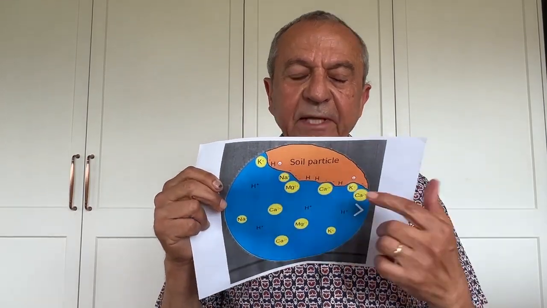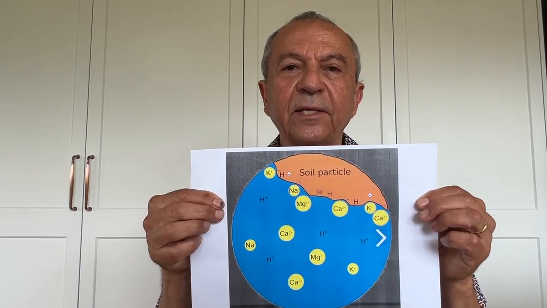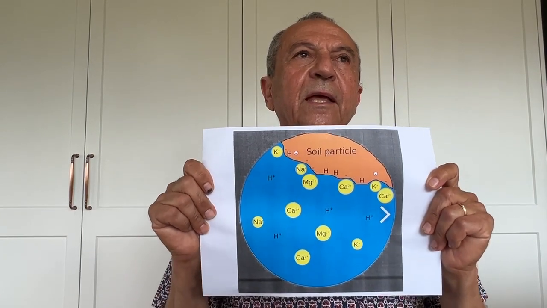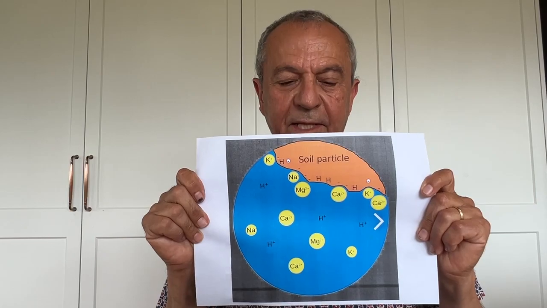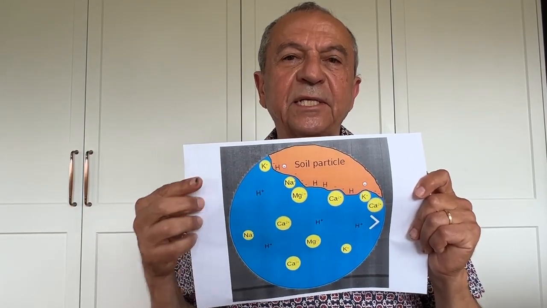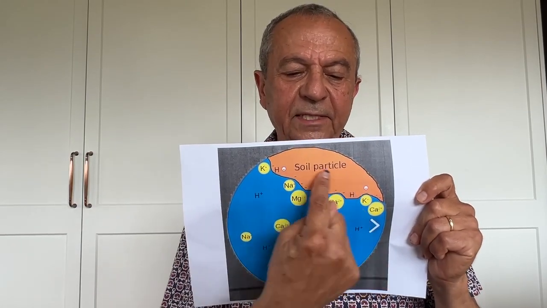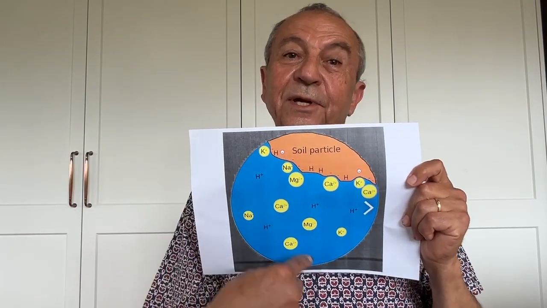So this feature here is called cation exchange, cation exchange. And the ability to hold cations by the soil is called the cation exchange capacity. And the interesting thing here is these sites are renewable, you know, reusable.